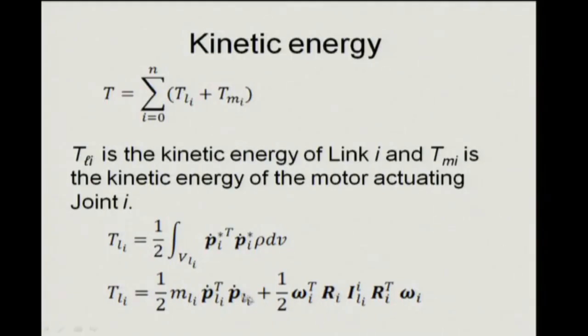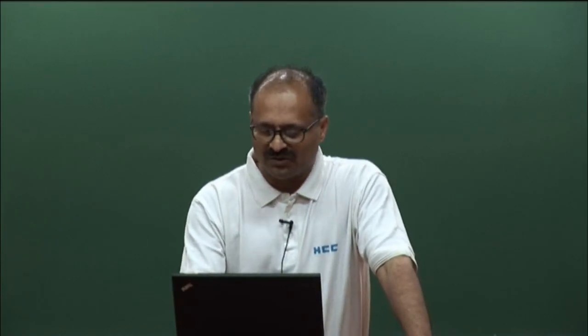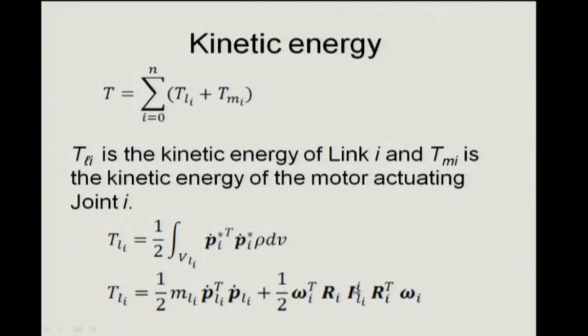But since this is primarily a mechanical engineering class, we can say quite confidently there will be two terms: mass into velocities of the center of mass, and angular velocities into an inertia matrix which has to be defined with respect to the base frame. Now, the rotation matrix with respect to the base frame is not fixed. In a local frame, the inertia matrix is known, so this has to be transformed into the base frame.